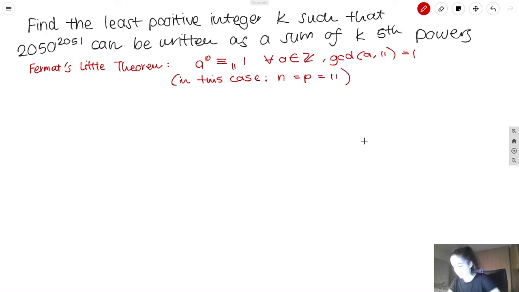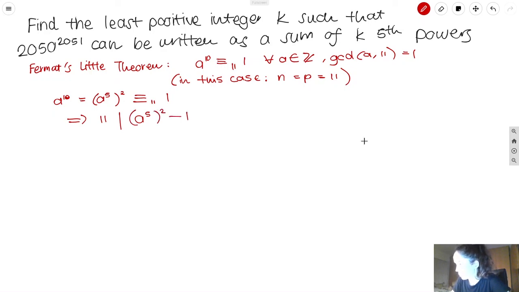Now we can rewrite a to the power of 10 as a to the power of 5, squared, which mod 11 will be 1, as we had over here, which means that 11 is going to divide a to the power of 5, squared, minus 1. So we take the 1 over, and then there will be a 0 on this side, which means 11 will divide the term on the left-hand side.